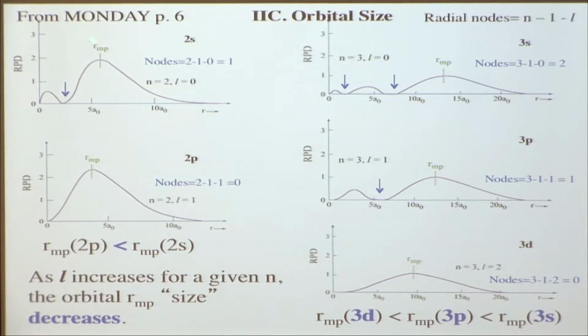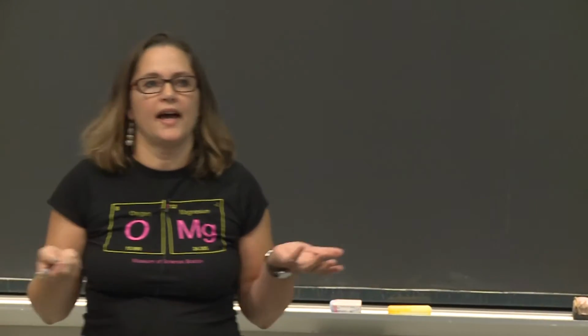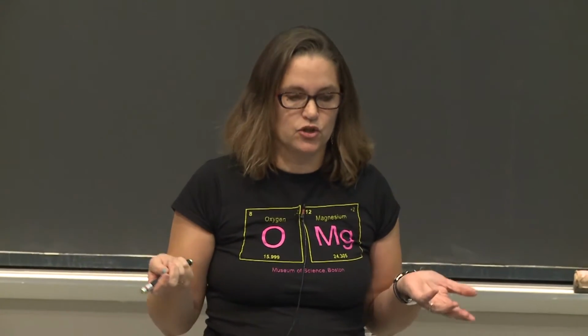So you can see the most probable radius moves over. And then here is another within n, and n equals 3. We see, again, this decrease. So those are the two trends that you observe when you look at these radial probability distributions.